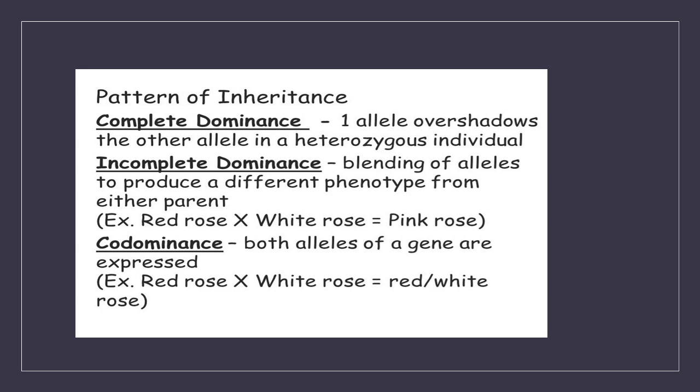That is incomplete. And codominance is where both the alleles of the gene are going to express, red also and white also. Have you thought about the cows with white and brown patches? That is called roan. That is codominance. Let's come to it.